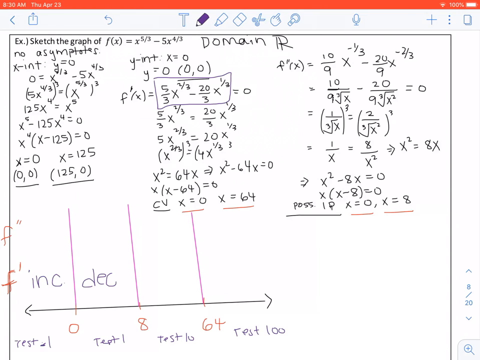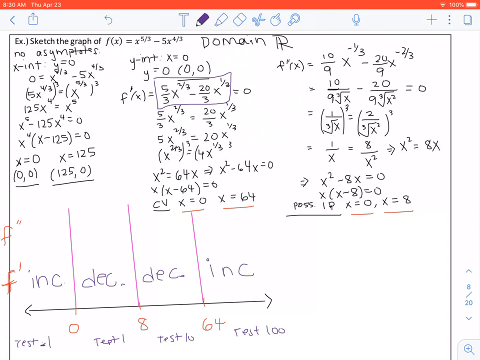And then substituting in 10, it is also decreasing. And then substituting something larger than 64, we get that it would be positive. It's going to be increasing. I want you guys to realize that 8 was not a critical value. 8's a possible inflection point, meaning that your increasing and decreasing intervals should not be changing at 8, and it doesn't.